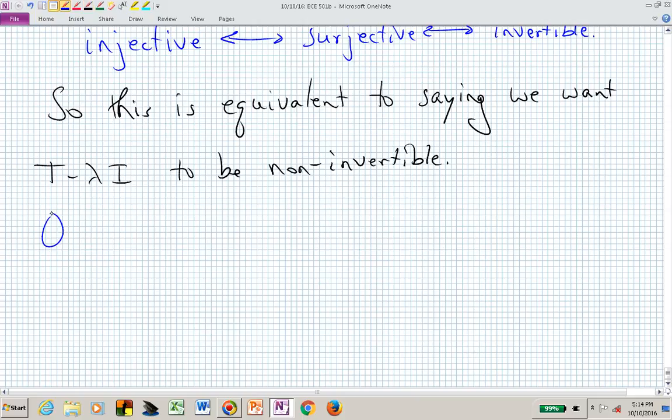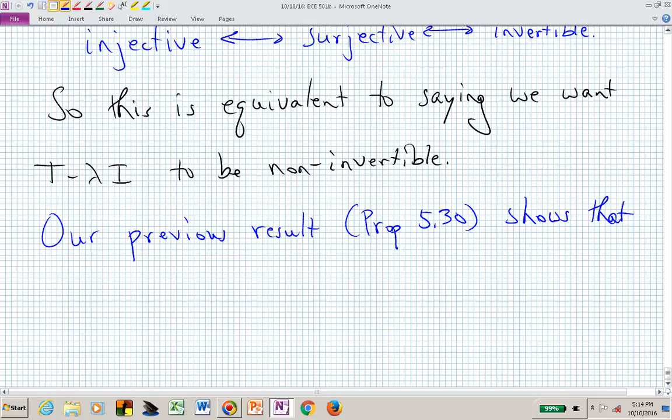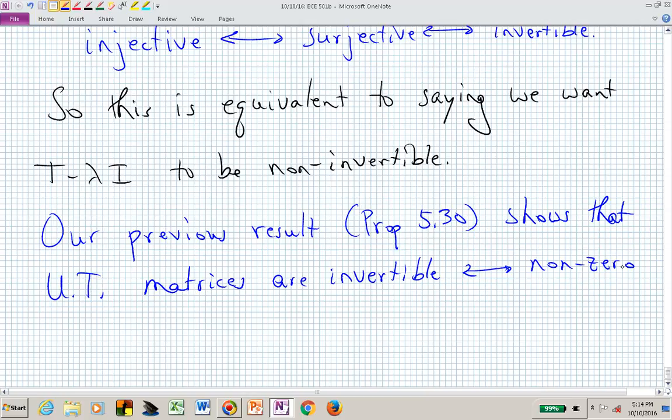Our previous result, which was proposition 5.30, shows that upper triangular matrices are invertible if and only if we have non-zero elements on the diagonal.